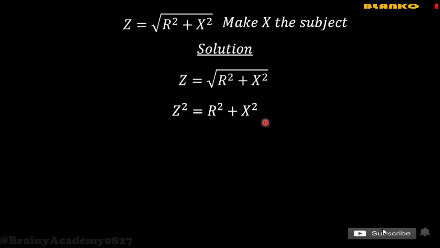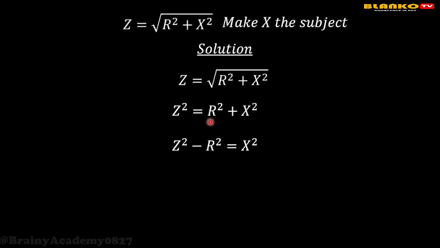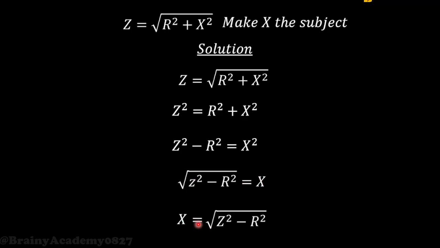Now let's subtract r squared from both sides, and this is going to be Z squared minus r squared equals x squared. Let's take the square root of both sides to eliminate the square on the right hand side. So we have the square root of Z squared minus r squared equals x. So x is equal to the square root of Z squared minus r squared.